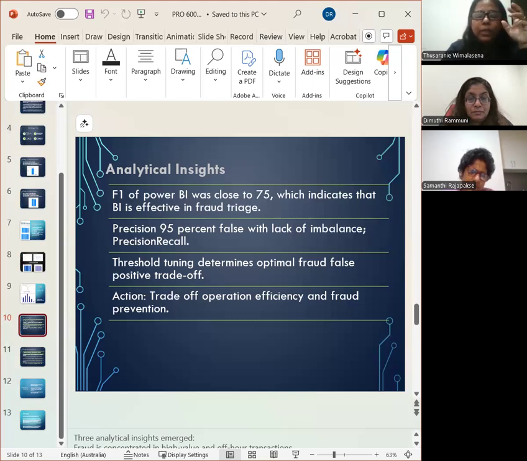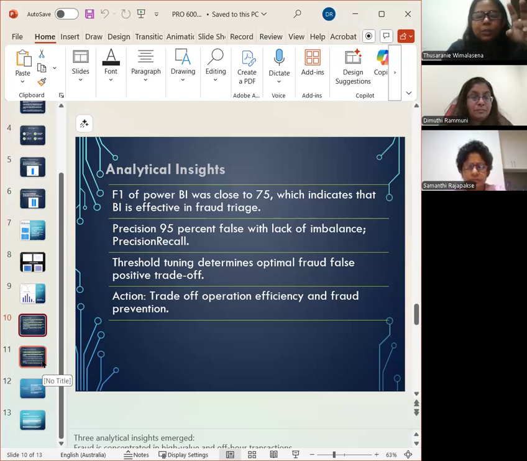And thirdly, we learned that even with simple tools such as Excel and Power BI, it is possible to visualize trends, spot unusual patterns, and generate reports quickly. So managers can use these dashboards day to day to make informed decisions without needing technical coding skills.